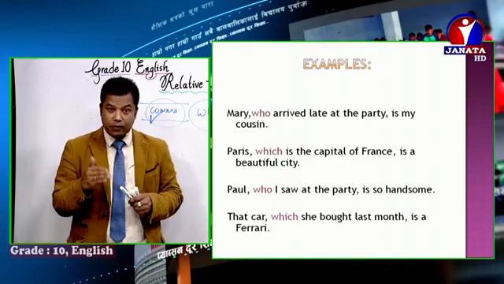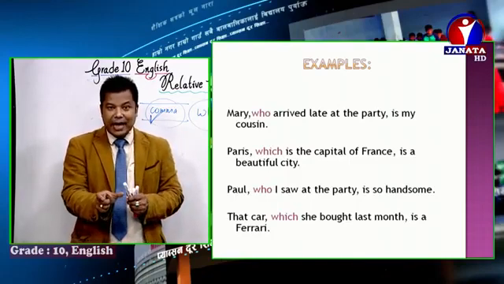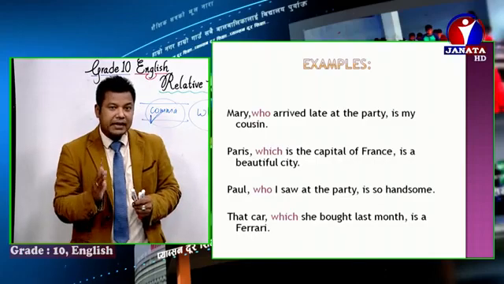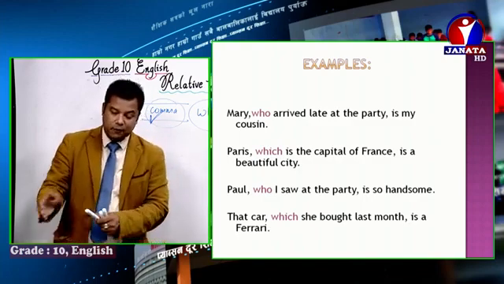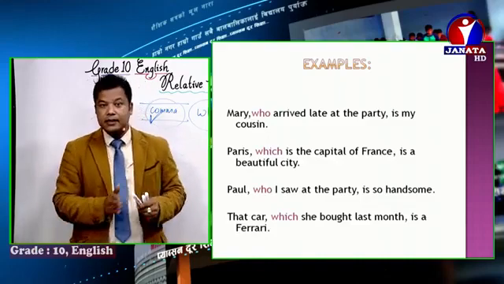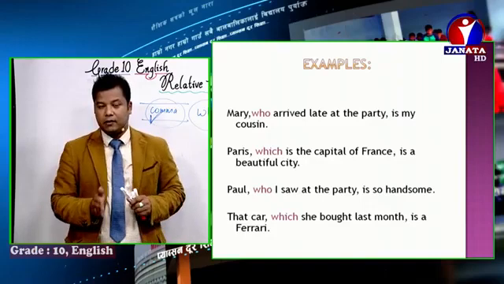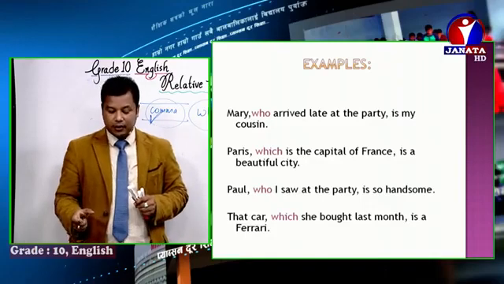Now, another difference in non-defining clauses: if I remove this added relative clause, it still makes a complete sentence. Like, I can remove which is the capital of France and then just say Paris is a beautiful city. It makes its sense complete, but this might not happen in defining relative clauses. It will make incomplete ideas.